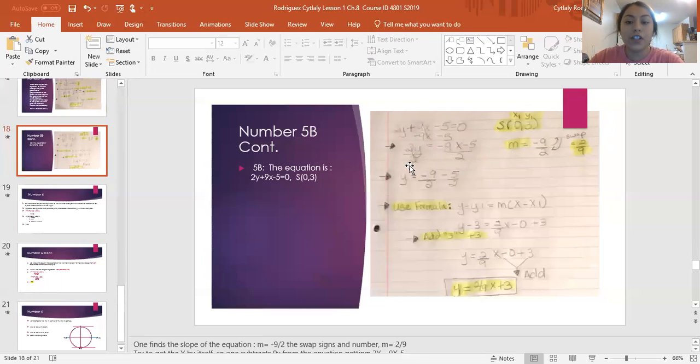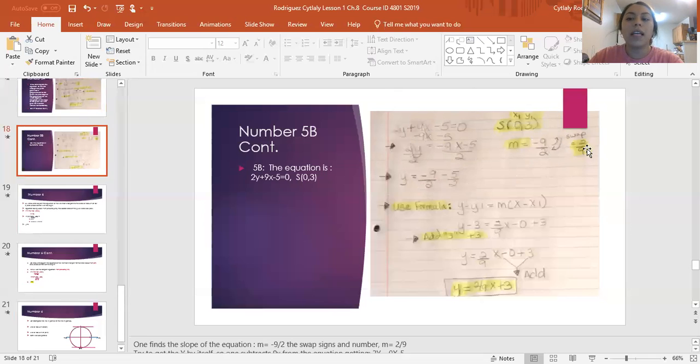So then we divide by 2, because we're trying to get y by itself. Divide by 2, as one can see, -9x minus 5 divided by 2. So y equals -9/2 x minus 5/2. In the m over here, we're going to do -9 divided by 2.